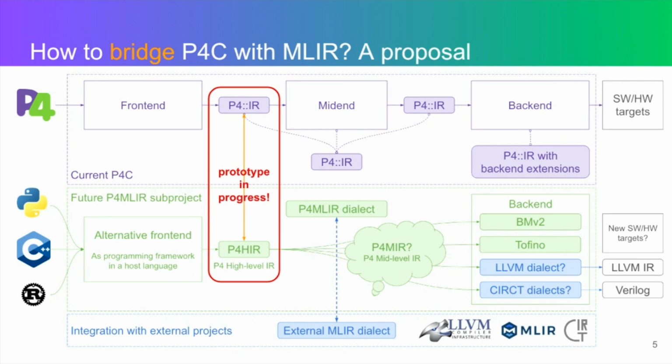Likely we would want a tower of dialects, maybe two or three. One reflecting the core P4, the desugared thing, but we also need a completely sugared dialect, and eventually a front end that converts from one dialect to another.